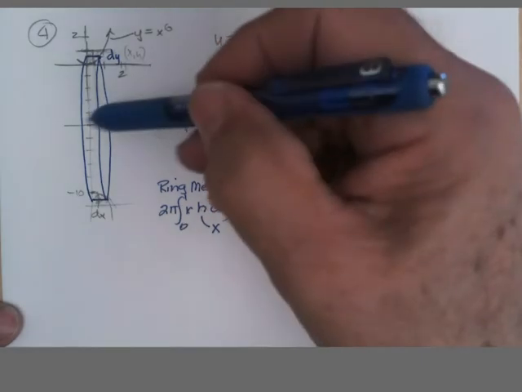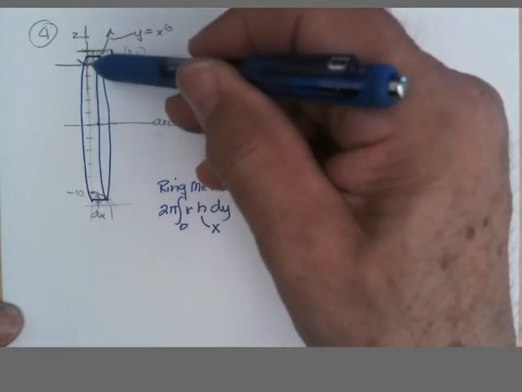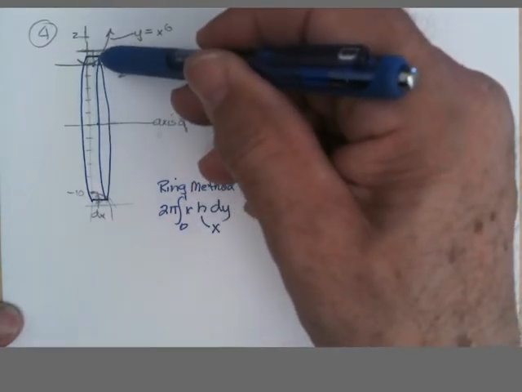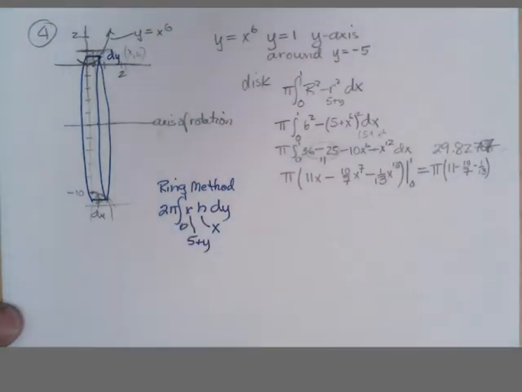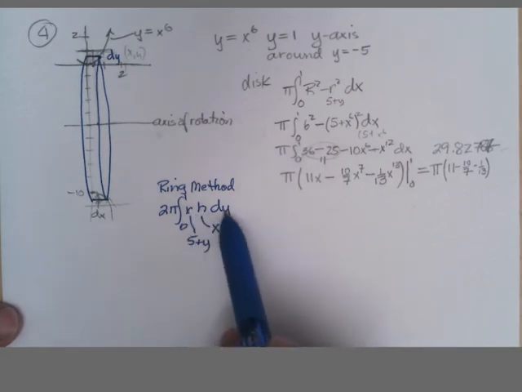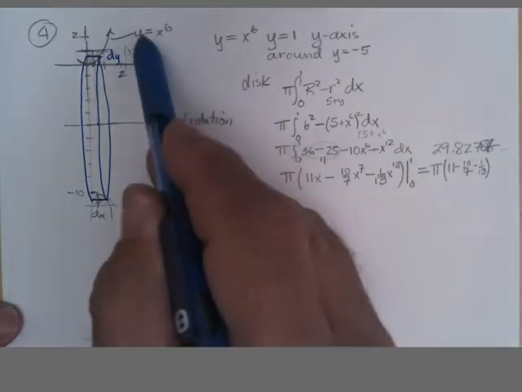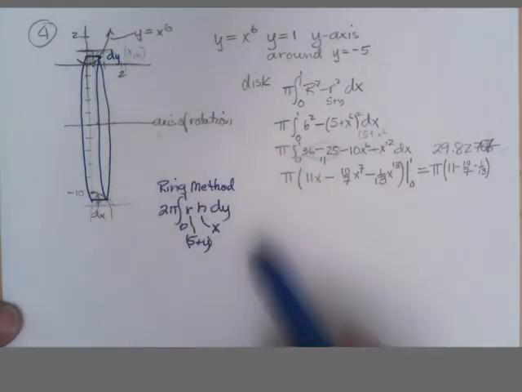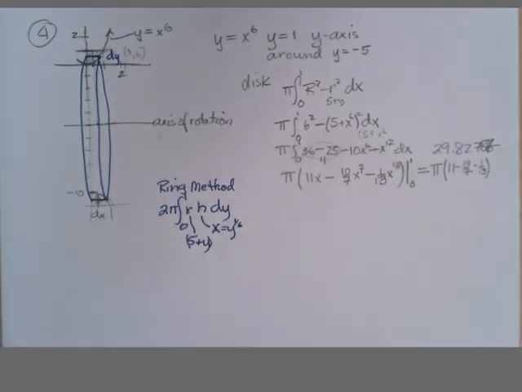And the radius is from here up to there, which is 5 plus the y height up to there. So this is 5 plus y. Okay, we have that in terms of y, so the radius is already in terms of y, but the height, x, we'd solve for that, we'd have to take the 6th root of both sides, so x is equal to y to the 1/6.